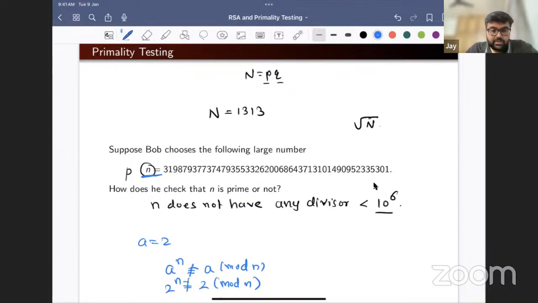There are many algorithms which compute powers in a much quicker way. So if 2 power n is not congruent to 2 mod n, then Bob knows that n is not prime. Then Bob can discard this and choose another number.